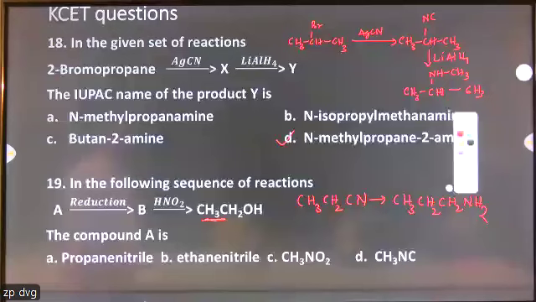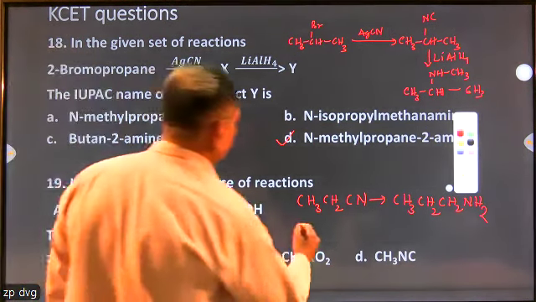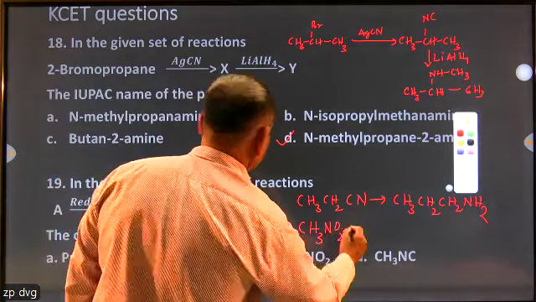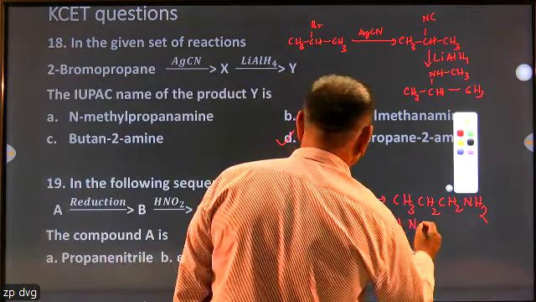This upon treating with HNO2, you get propyl alcohol. If you treat nitromethane, that upon reduction, you get CH3NH2.